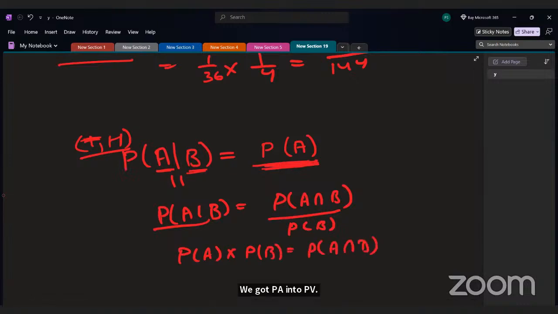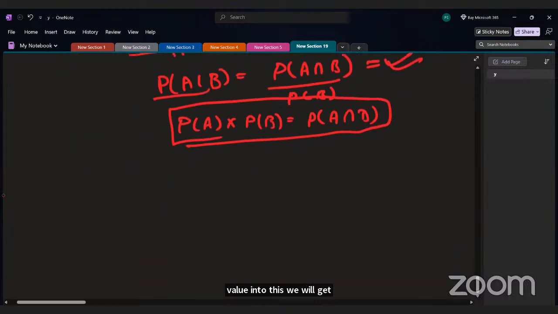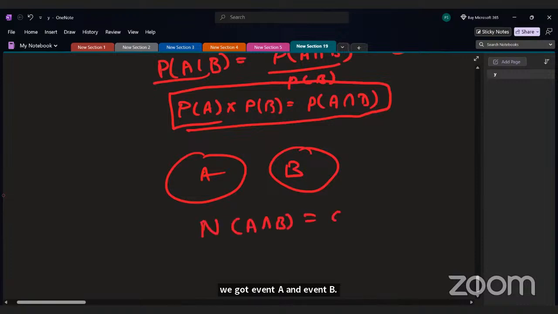This we got from the conditional probability formula. And what a disjoint event is: we have event A and event B, and the set A intersection B is a null set.